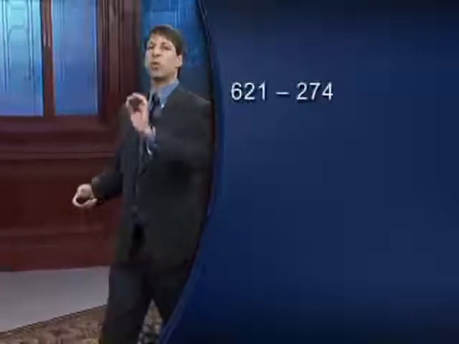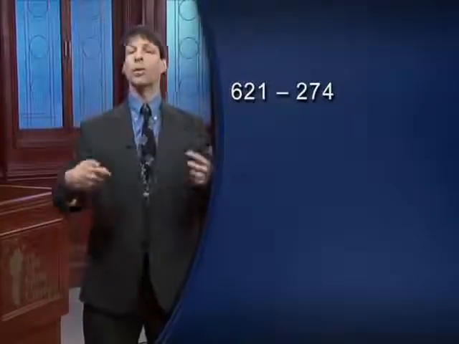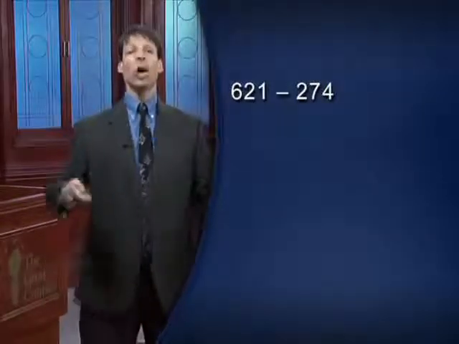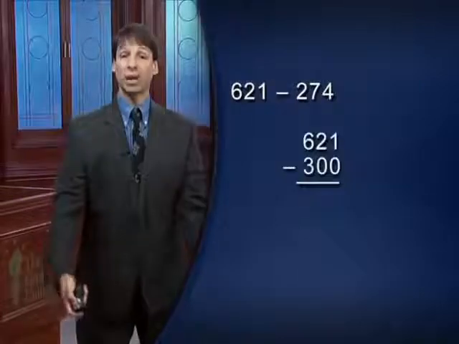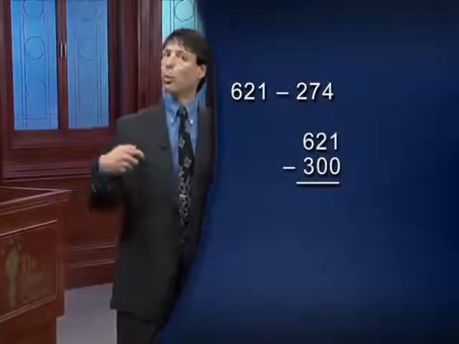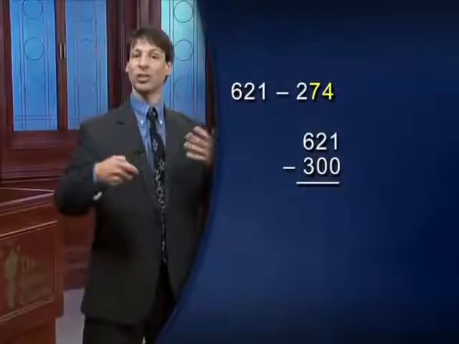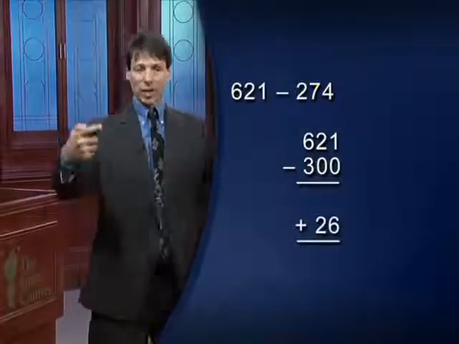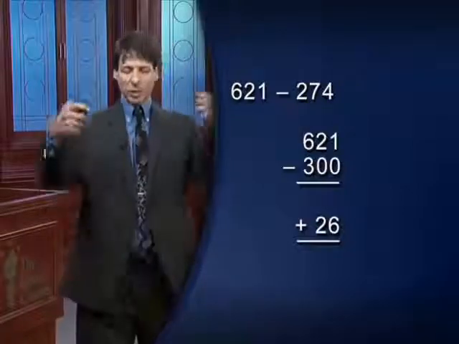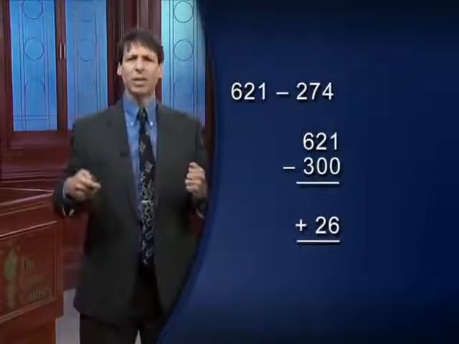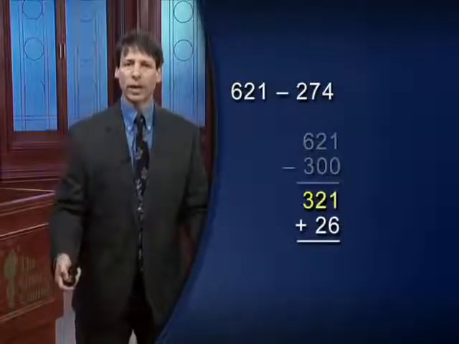Okay, here's another problem. Let's do 621 minus 274. How are we going to subtract 274? We'll subtract 300 and add back the complement of 74, which is 26. So 621 minus 300 is 321.